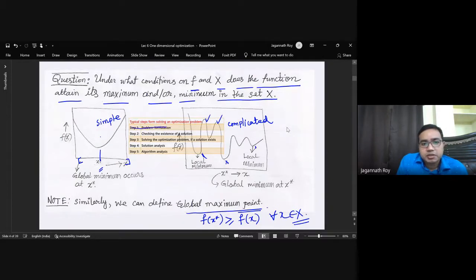I said that we will discuss this somewhere. So today's lecture is based on finding the existence of a solution, whether there is a maximum or minimum.